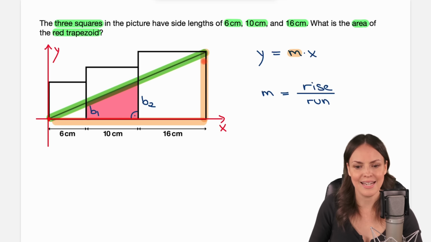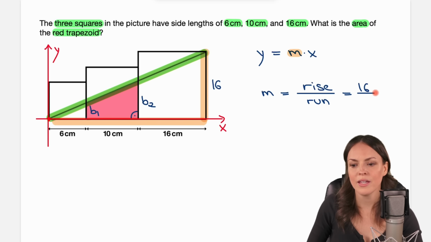How long is this side? It is part of this square here, and we know the length of this side here is 16, so the length of this side is also 16. So my rise, when I go up, is going to be 16.